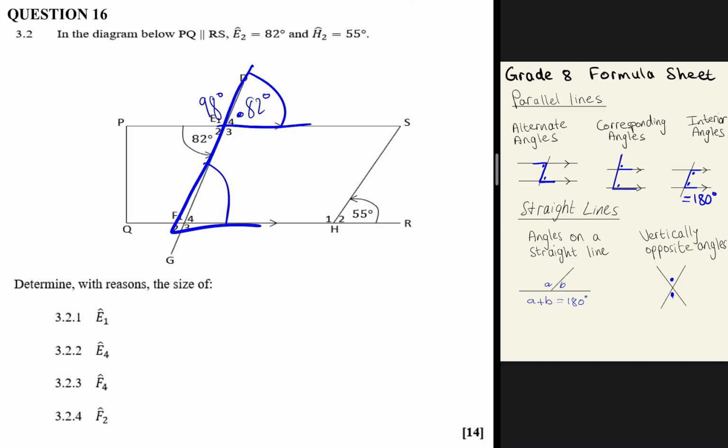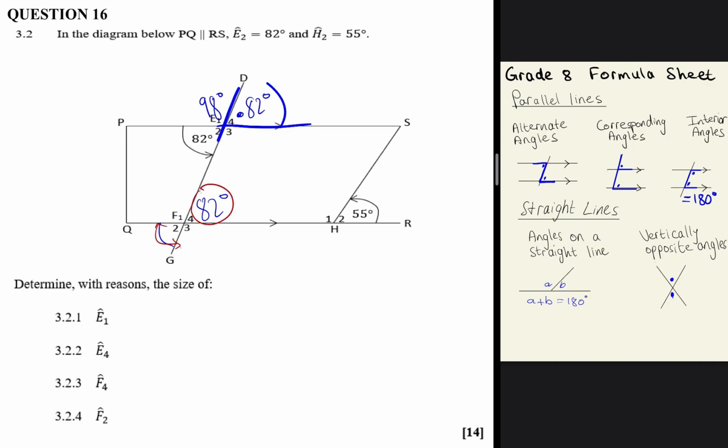Alright, lastly, sorry, I just forgot to write the 82 in here. So lastly, you have to work out F2. F2 is this one over here. You can just remove the other so that you can see the two. There's the 82 degrees, and here's the F2 we have to work out. If you see that F2, it's also vertically opposite to the 82 degrees.